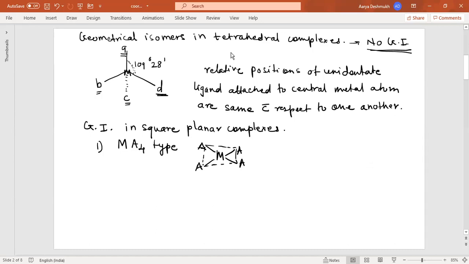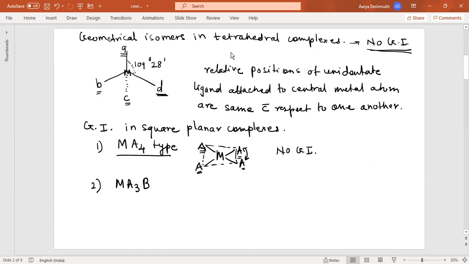If you flip this A and A, there is no change in the structure, because all the ligands attached here are the same. So no geometrical isomerism is possible in square planar complexes of Ma4 type. Remember.